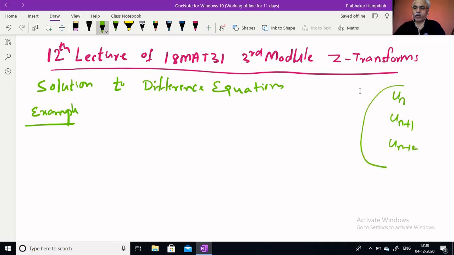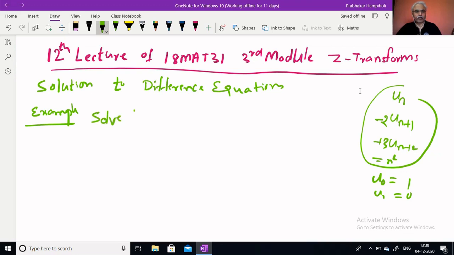Then there can be a connection between all these, like 2 times un plus 2 plus 3 times un plus 1 equal to some n square, and you may be given some initial conditions u0 and u1, like 1 and 0. If so, you have to find what un is, or how to solve this equation consisting of un. Let us start with the first example.